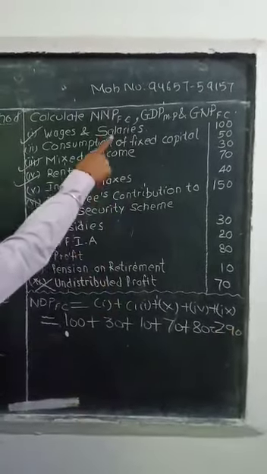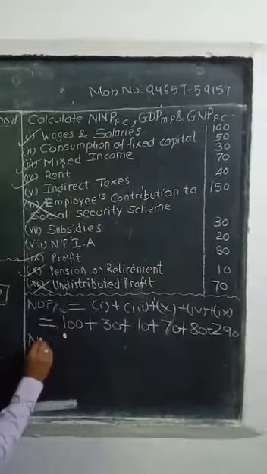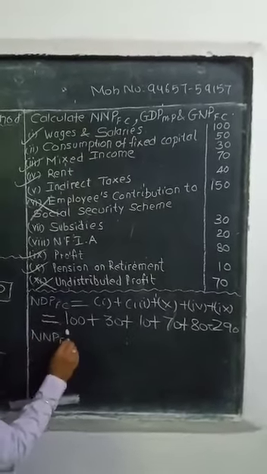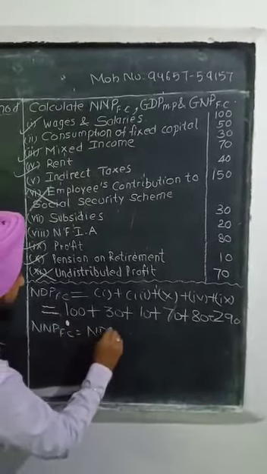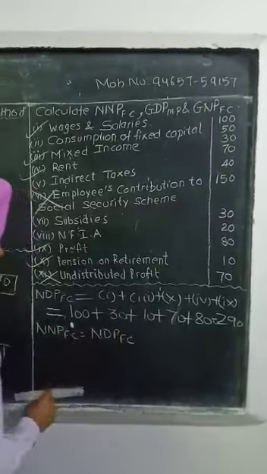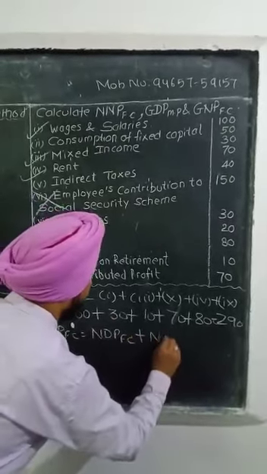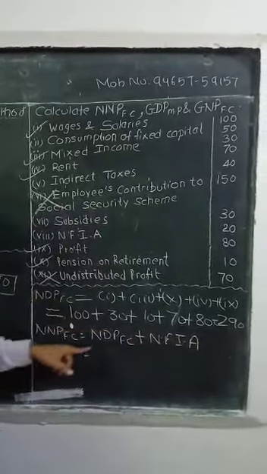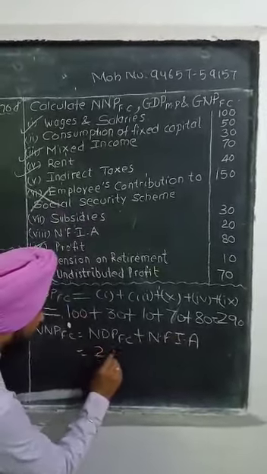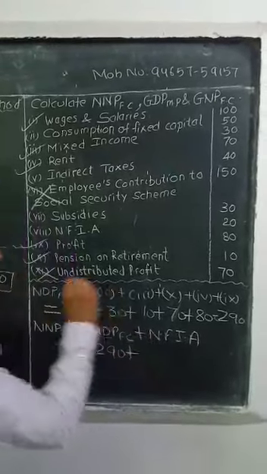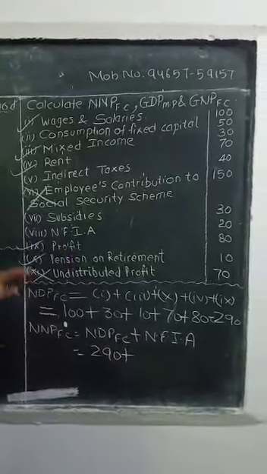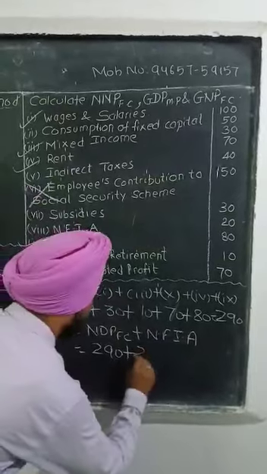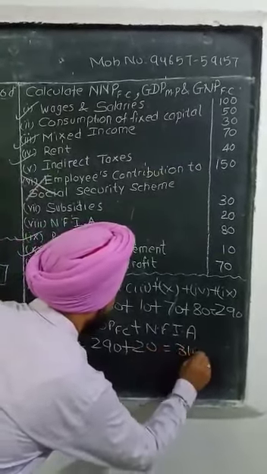And we have to reach NNP at FC. So NNP at FC, what will we write here? NDP at FC plus net factor income from abroad. Yes students, NDP at FC we have calculated, 290, plus NFIA, net factor income from abroad, that is 20, it is 310.